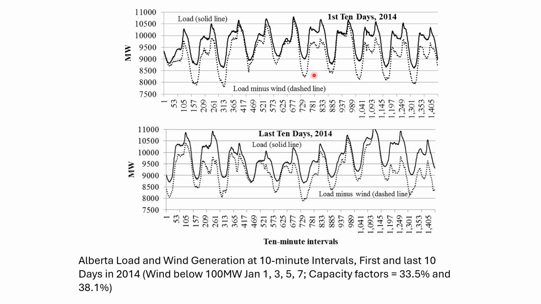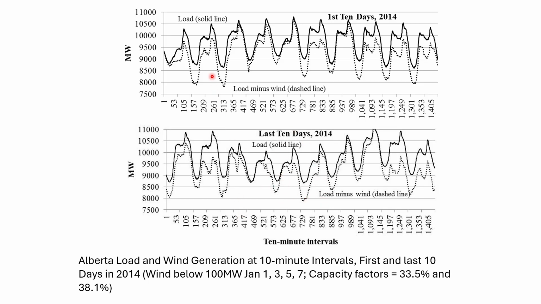So these are the first 10 days in 2014, and wind was below 100 megawatts January 1, 3, 5, and 7, and capacity factors were 33.5% and 38.1%. So these are pretty good capacity factors.